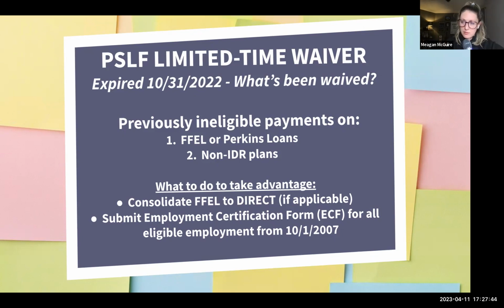If you're not sure if an employment time period would count, it doesn't hurt just to submit for it. Worst they can do is say that it's not going to count. But make sure you submit all eligible employment certification forms.